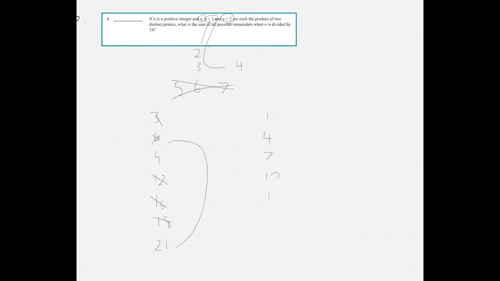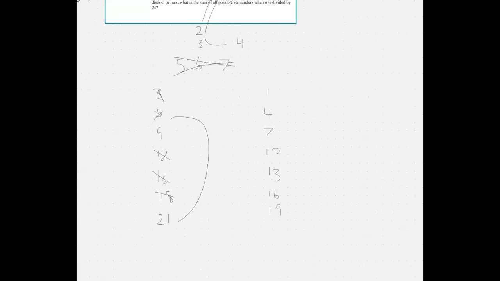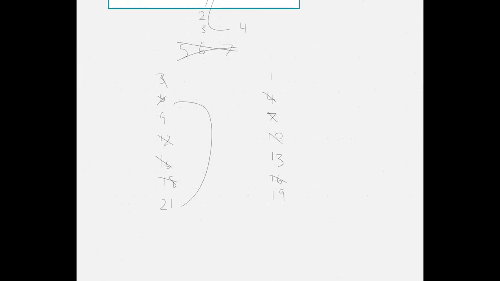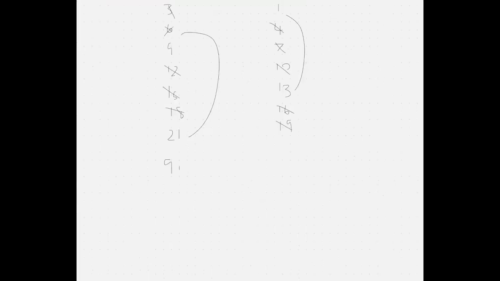And again, n plus 1 cannot be a multiple of 4, and it has to be even. So bam, bam, and these two work. So your final result is 9 plus 21 plus 1 plus 13, which you get is 44.